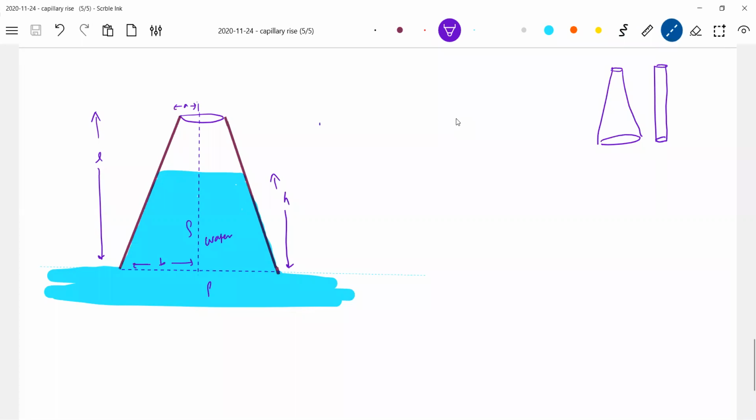Okay, let's take help of some basic maths.